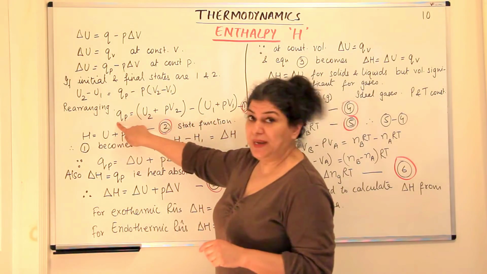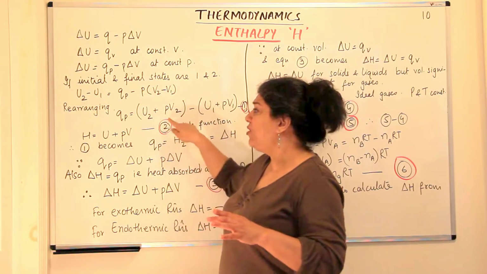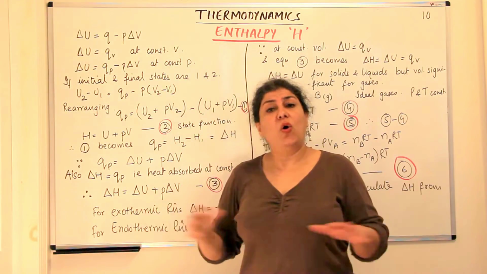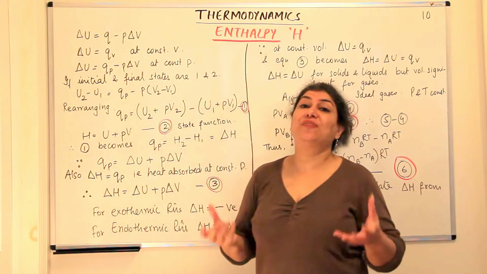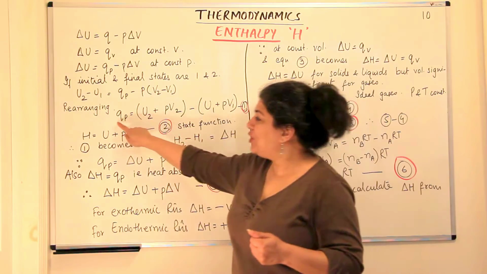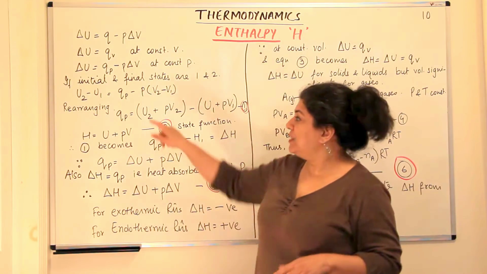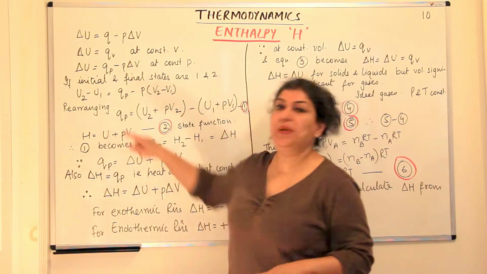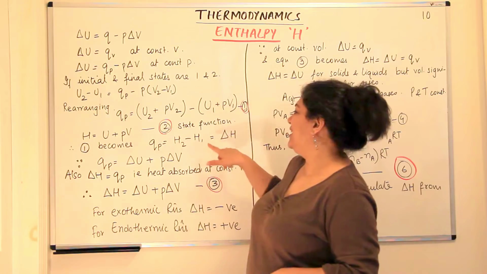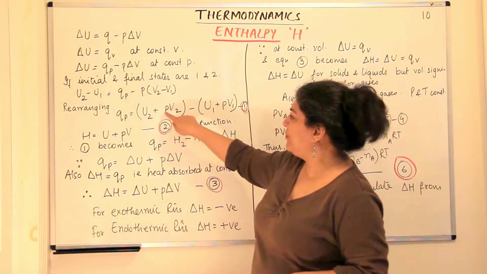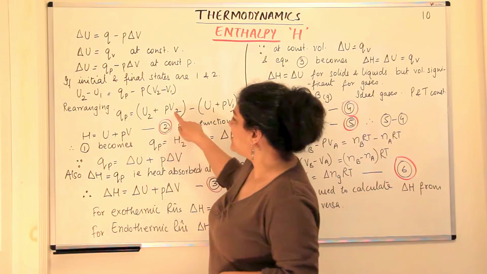So QP, although Q is not a state function, QP depends completely on state functions. All of its magnitude depends on the state functions, and therefore QP also becomes a state function, and QP is actually the change.